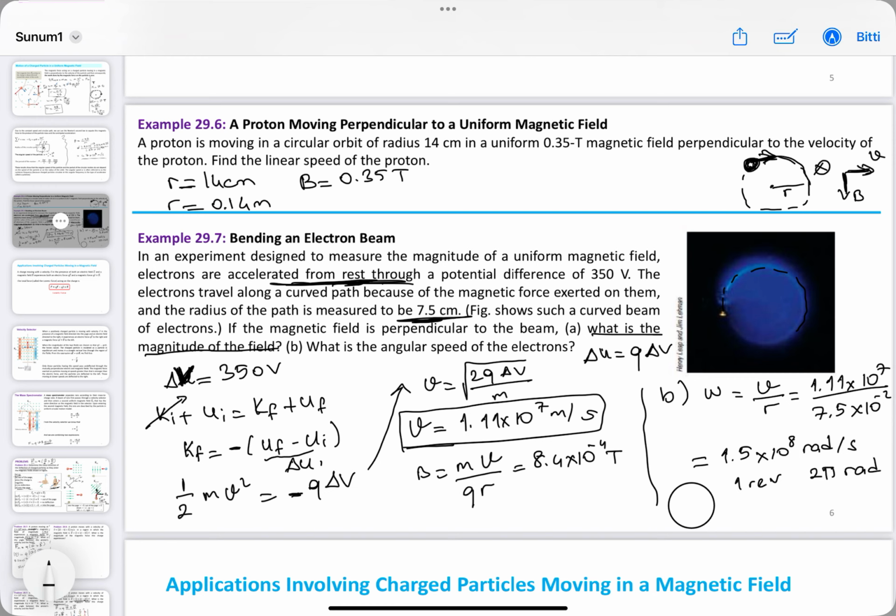So how can I convert ω? You can write like this: radian over seconds. I want to cancel the radian parts, so you can write 1 revolution over 2π radian. So the result will be, I am sorry, I don't have enough space. That's revolution per second.